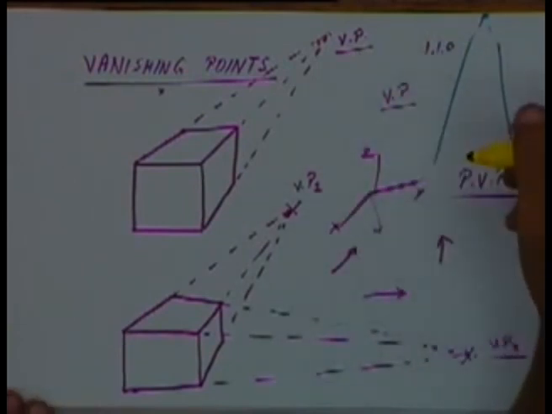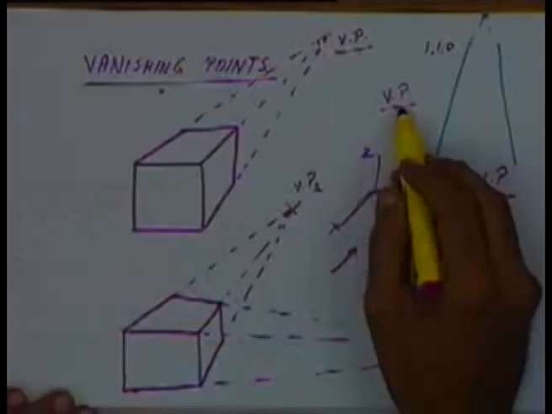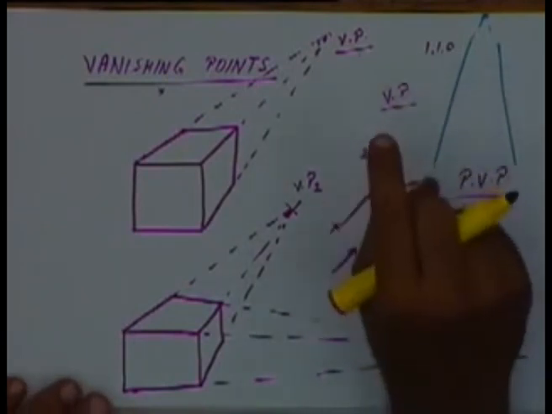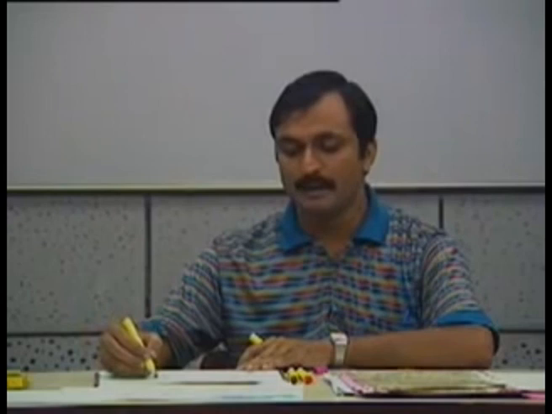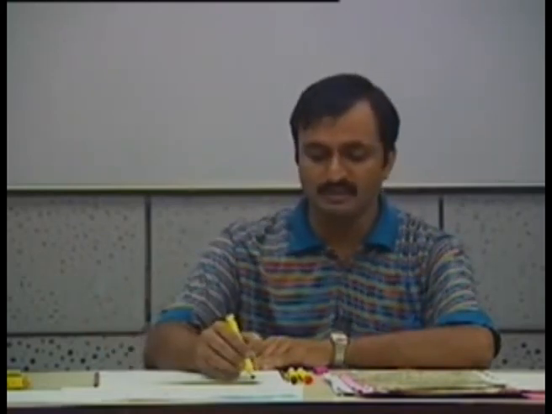A principal vanishing point is a vanishing point corresponding to the three principal axes. A vanishing point is defined as any point from where a set of parallel lines would seem to emerge in a perspective transformation. The set of lines may or may not be parallel to a principal axis, but for principal vanishing points, the set of lines has to be parallel to one of the principal axes. So this is how we define vanishing points.